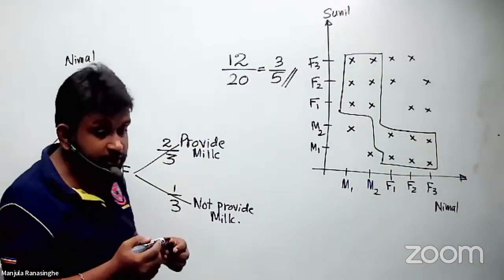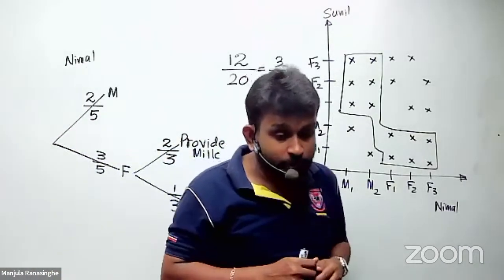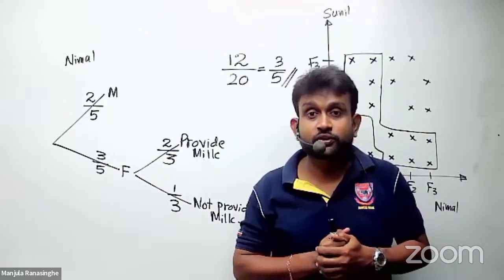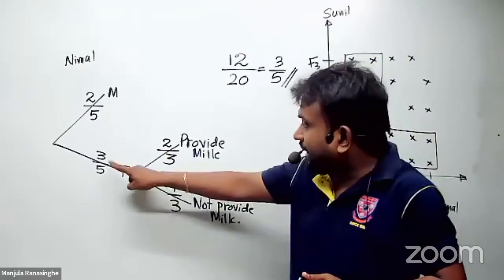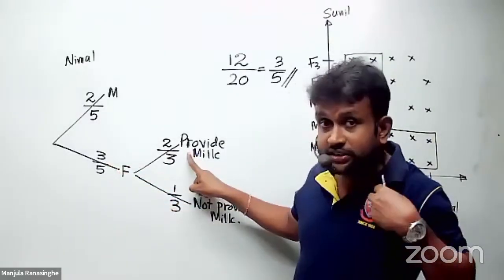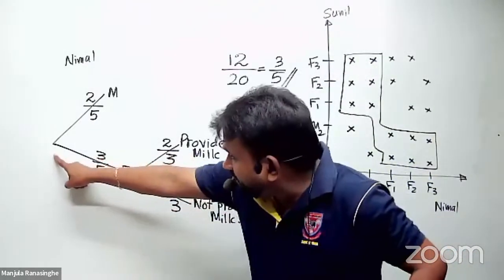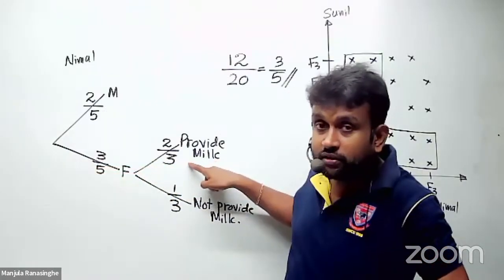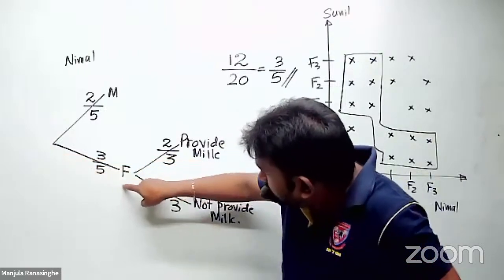Okay, then we will see the probability that the animal received can provide milk. So provide milk means this branch, right? So taking a female animal and providing milk, this branch is to be followed.